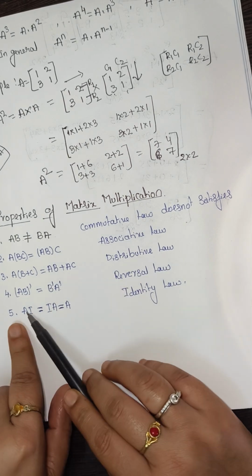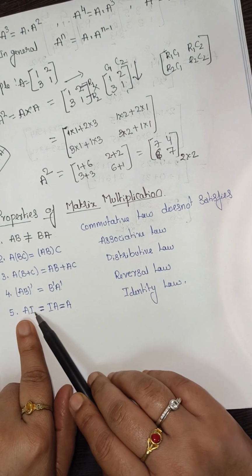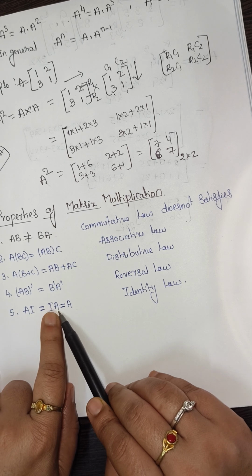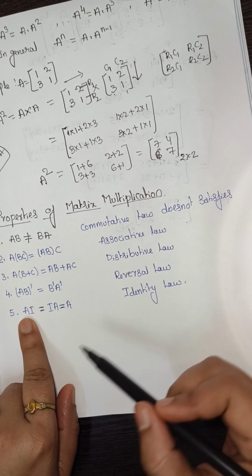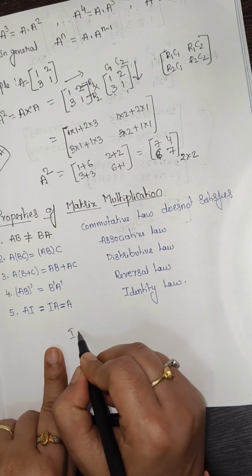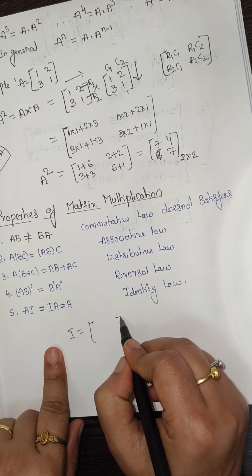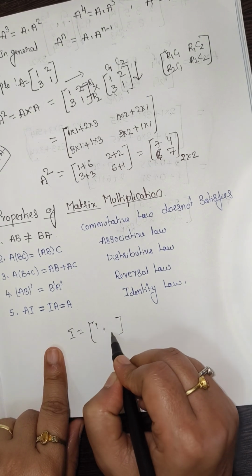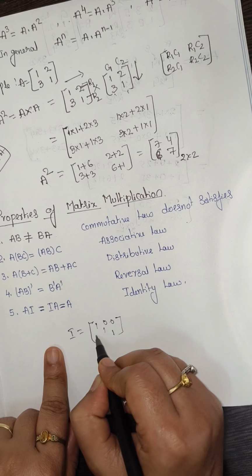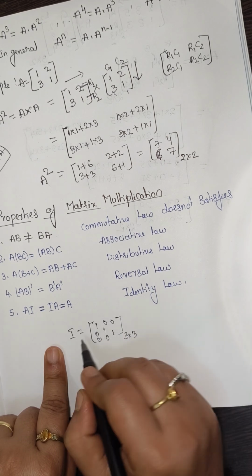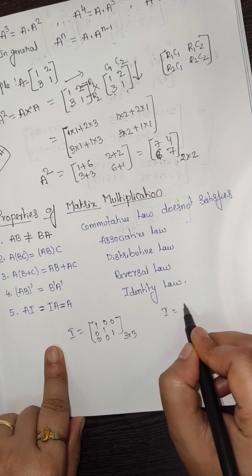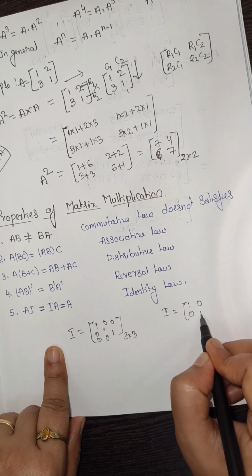Identity law: A into I, and I into A. You can do that because I is the identity matrix. Identity matrix means, as we saw already, the diagonal elements should be 1 1 and the remaining are all 0. This is the 3 by 3 matrix, and a 2 by 2 matrix means 1 0 0 1.